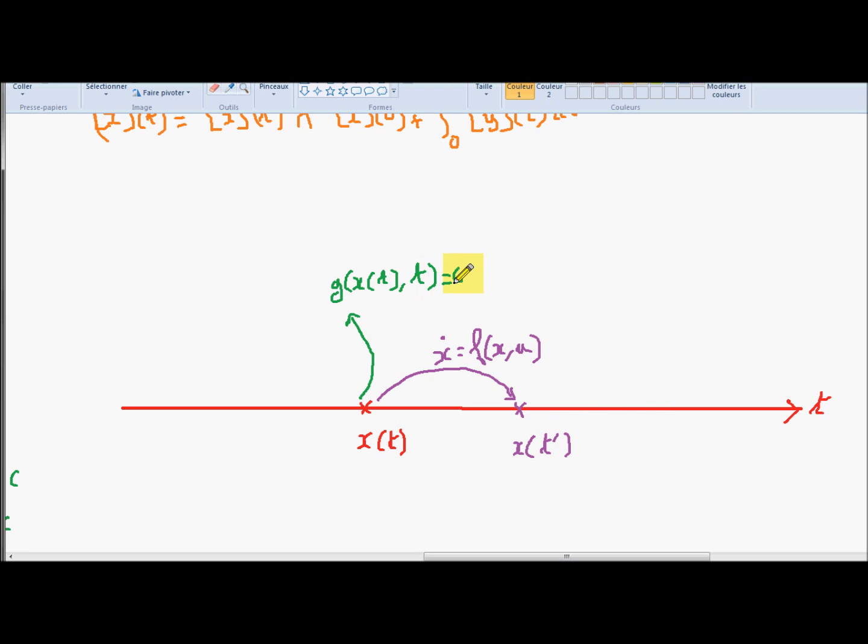But also for this one, g of x prime, t prime equals 0. It is a graphical representation of a classical state estimation problem.